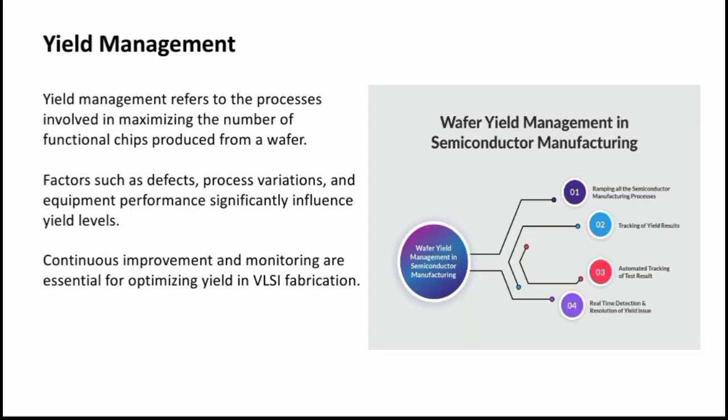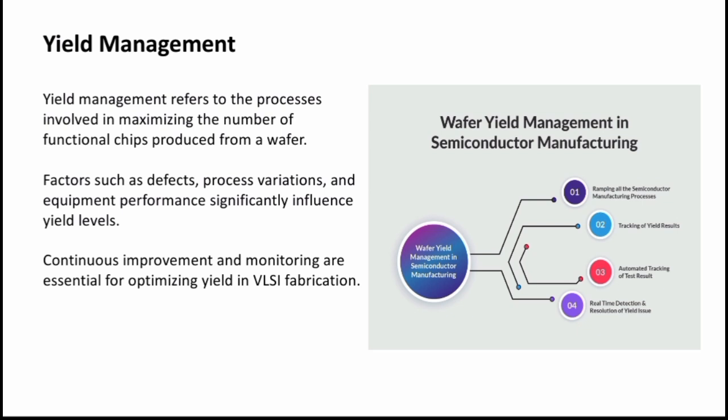Yield management. Yield management refers to the process involved in maximizing the number of functional chips produced from a wafer. Factors such as defects, process variations, and equipment performance significantly influence the yield levels. Continuous improvement and monitoring are essential for optimizing the yield in VLSI fabrication.